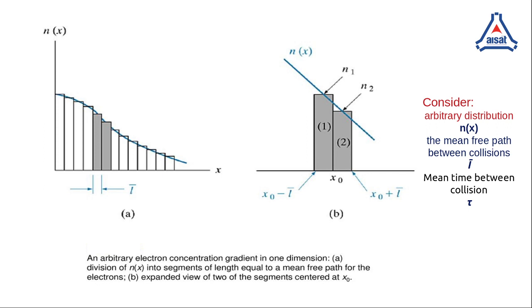Similarly, from segment 2, there is another set of carriers; half is moving to the left and half is moving to the right. So if we consider a net movement of electrons across x0, from segment 1 a set of carriers moves to the right, and from segment 2 a set of carriers moves to the left. The difference of these two movements will give the total number of carriers moving to the right.